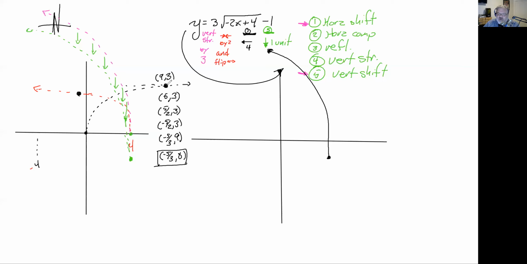So what happened to this point at 9,3? It got shifted by 4 to 5,3. Then it got squished to 5 halves, 3. And it flipped to the far side to negative 5 halves, 3. Then it got stretched to be triple the size up here at negative 5 halves, 9.